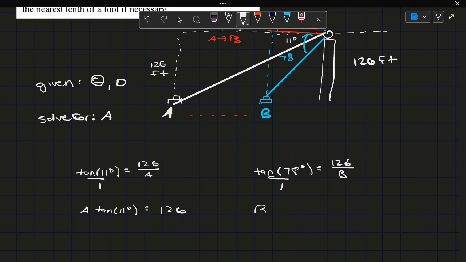Over here we have B tangent of 78 degrees is equal to 126.